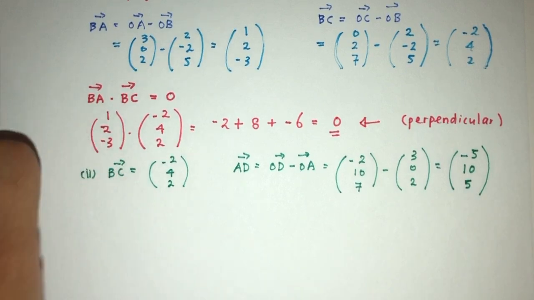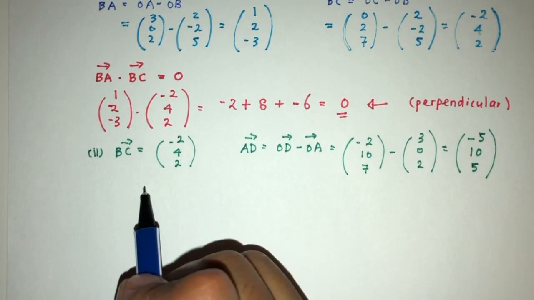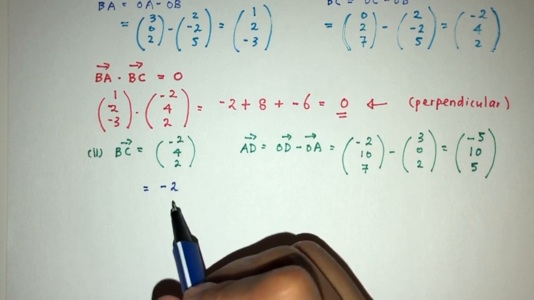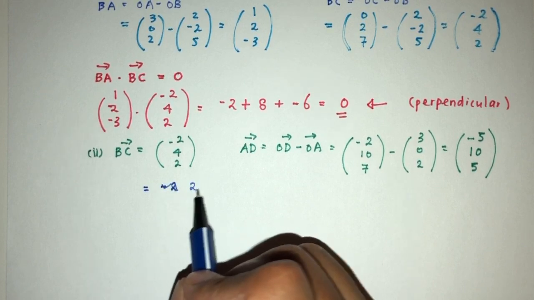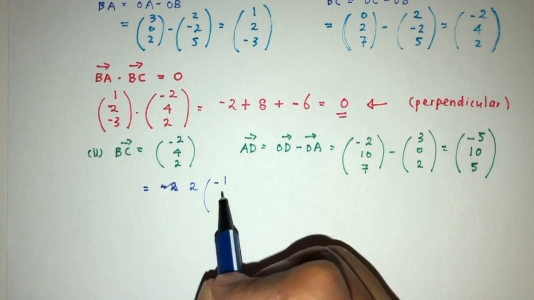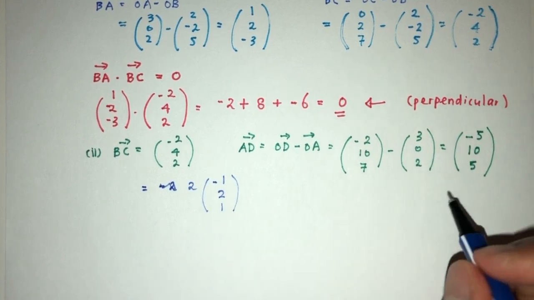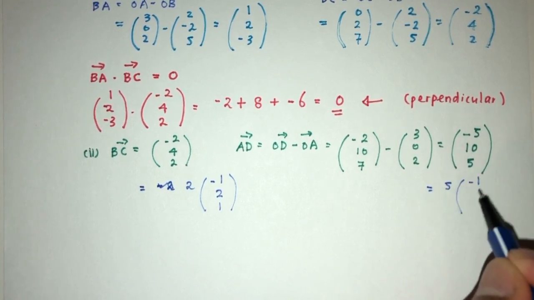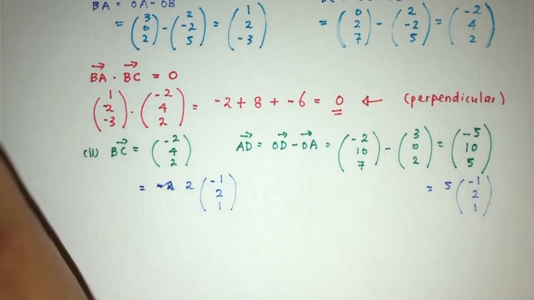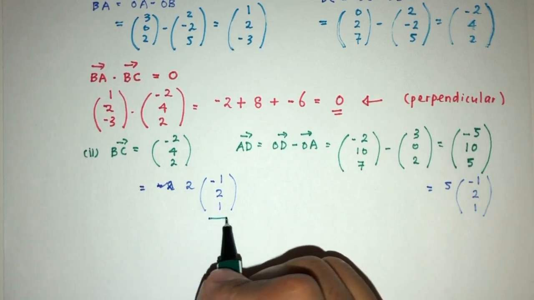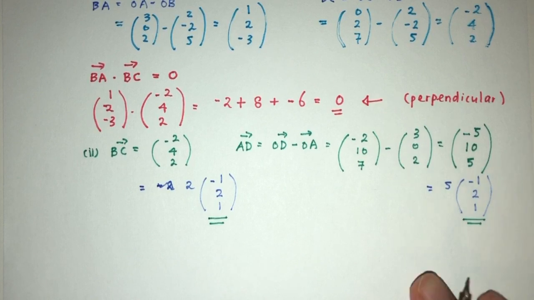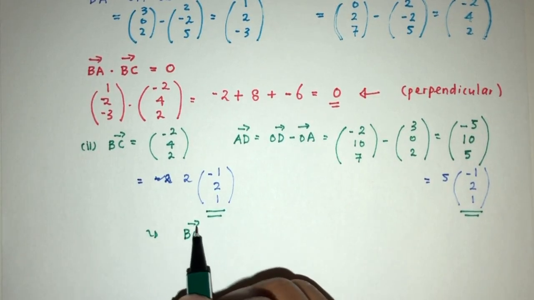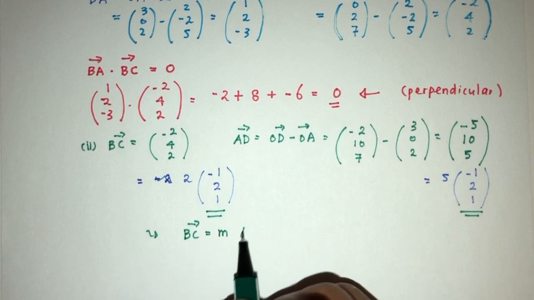Here we can simply factorize. Take out 2 from BC, and you will have minus 1, 2, and 1. Take out 5 from AD, and you will have minus 1, 2, and 1. Now you can see clearly that they're the same, which confirms that BC is a multiple of AD.